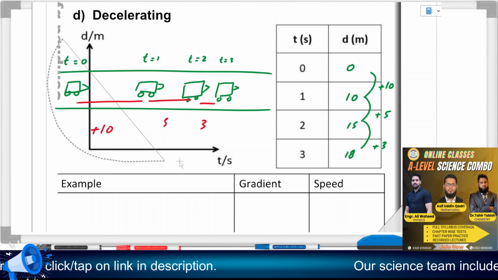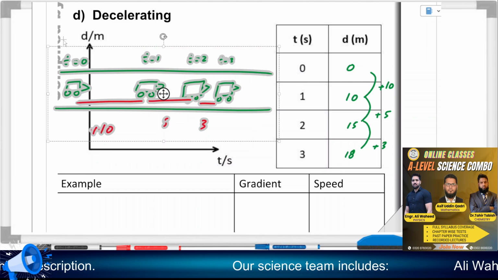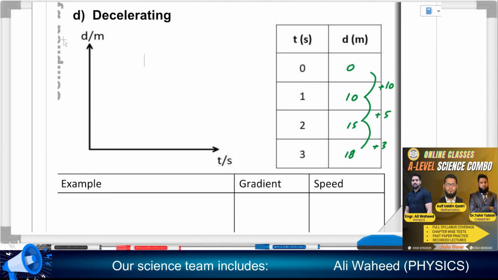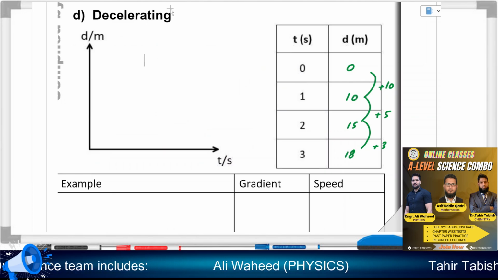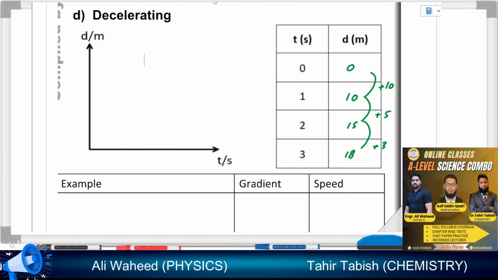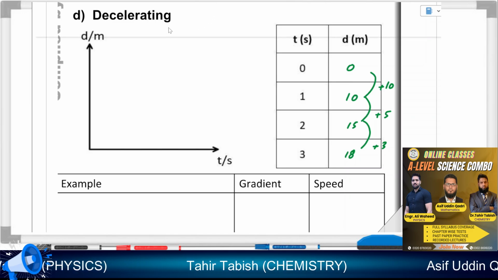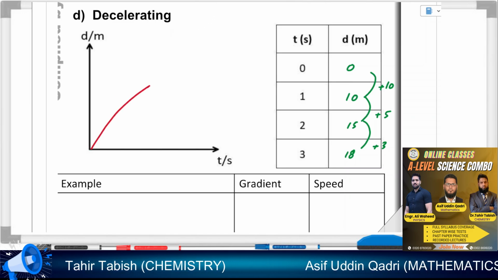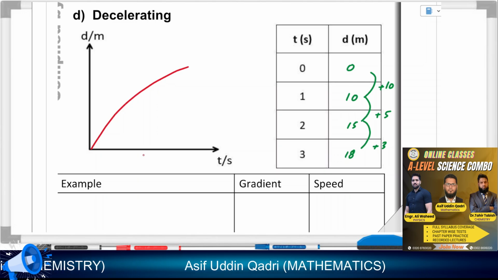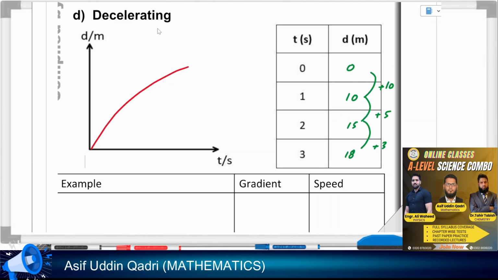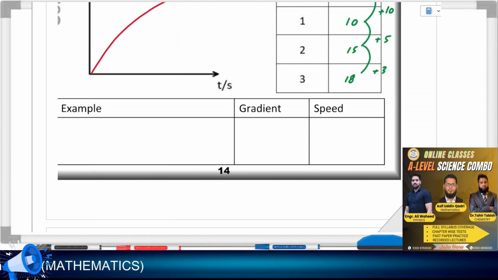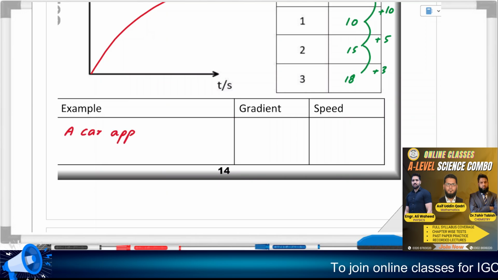And if it is traveling in a straight line, which we assume it is, we can say the velocity of the object decreases. And if you plot the points, the shape of the graph would be something like this. And what are the examples? A car applying the brakes.